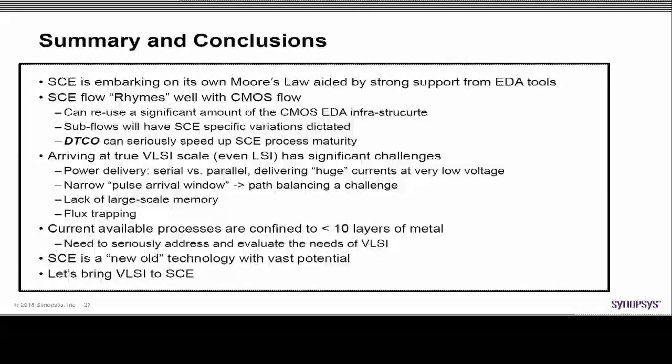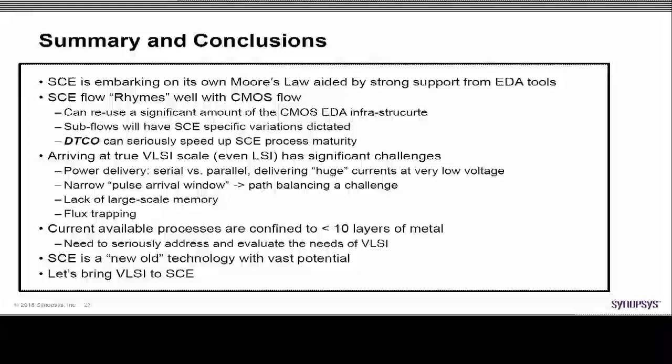Superconducting electronics is embarking on its own Moore's law. We are roughly where we were at probably half a micrometer in CMOS. Superconducting electronics flow rhymes well with CMOS. DTCO is in its infancy for superconducting electronics, but we aim to make it a major thing to advance the technology pretty fast. VLSI is really hard.